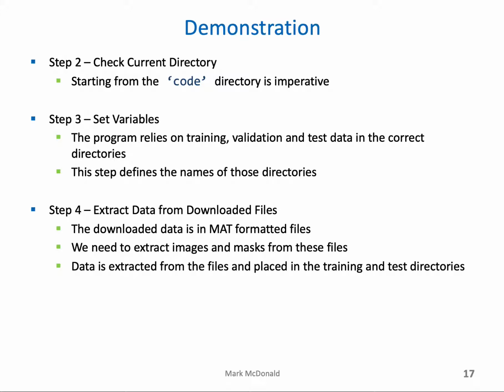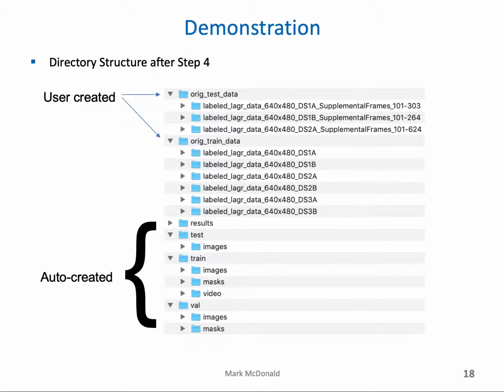We create the directories that are necessary for the program. We set variables to the directories that were created by the user that contain the downloaded data. Finally, we extract all of the images and masks from the test data and put them into the directories that the program creates.